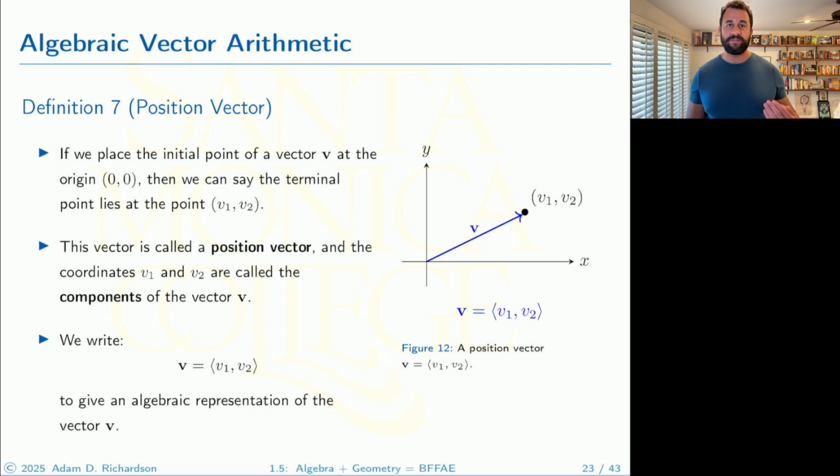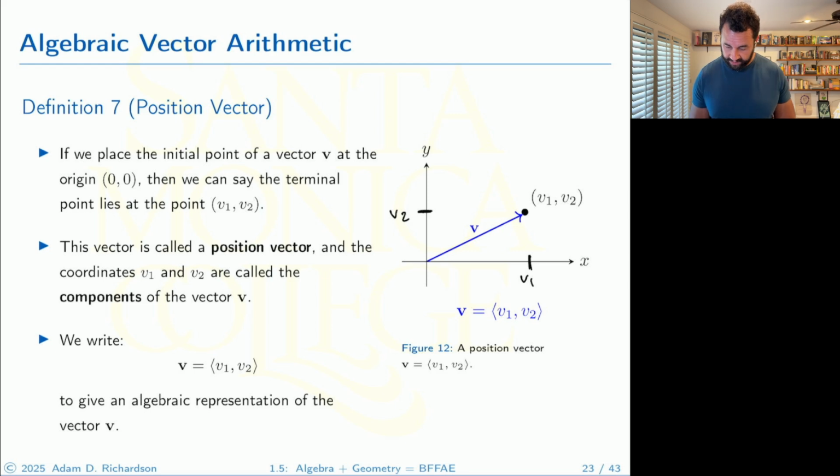The components are just describing how far and in which direction to travel in the horizontal and vertical directions, right? So maybe I could even denote it like so. This here is v1, and this here is v2, because I'm talking about the position vector. So I'm starting at the origin and going to v1, v2.